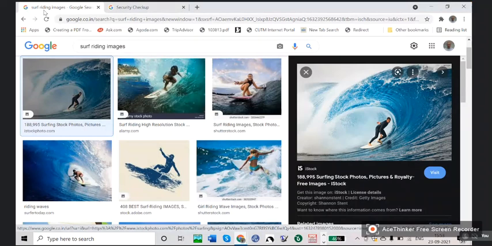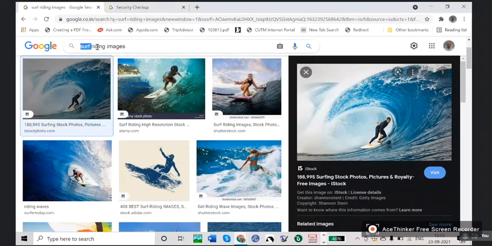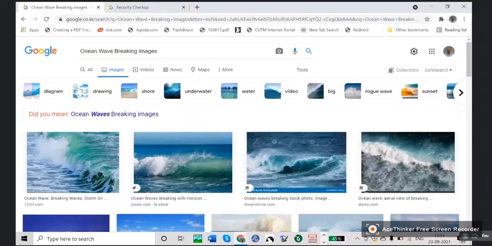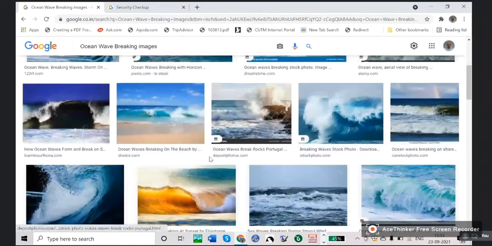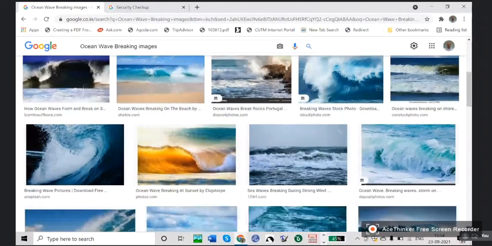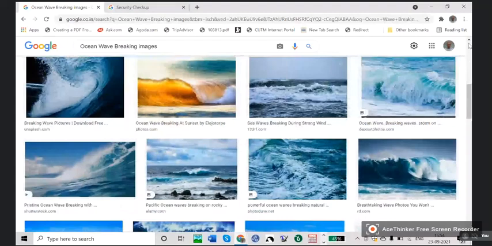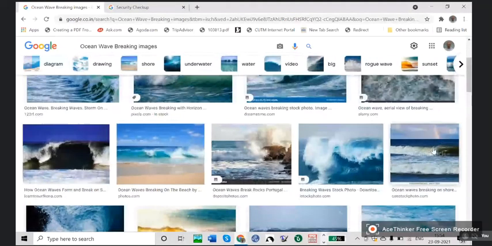So I will show one more thing also. Waves are traveling. This is the deep water. They are traveling. So when they travel and when they break, you see here a lot of foam is formed.